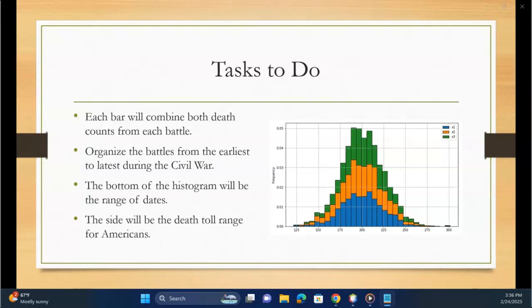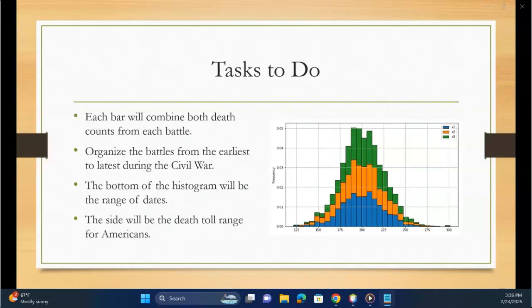And when it comes to the battles, we're going to organize them from the earliest to the latest during the Civil War. On the bottom of the histogram will be the range of dates, organized from the earliest to the latest.